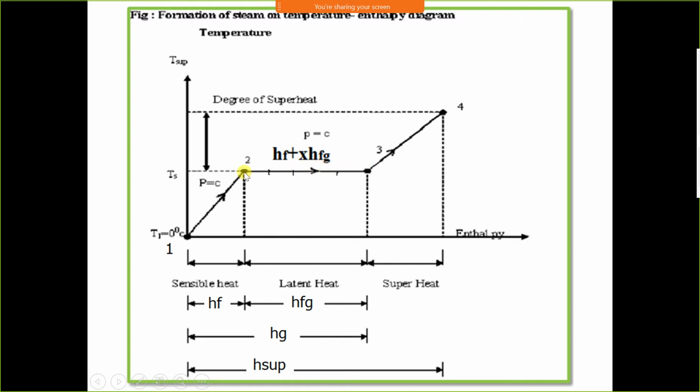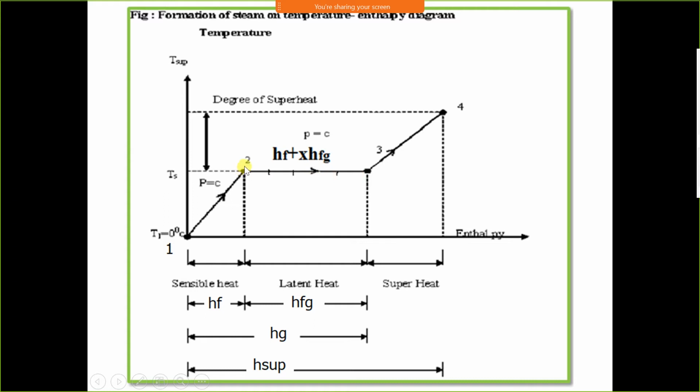Here, as I'm moving the point, the water is converted into vapor. Suppose at this point it is 30% vapor, 70% water. Here 50% vapor, 50% water. Here 70% vapor and 30% water, and here 100% vapor and 0% water.